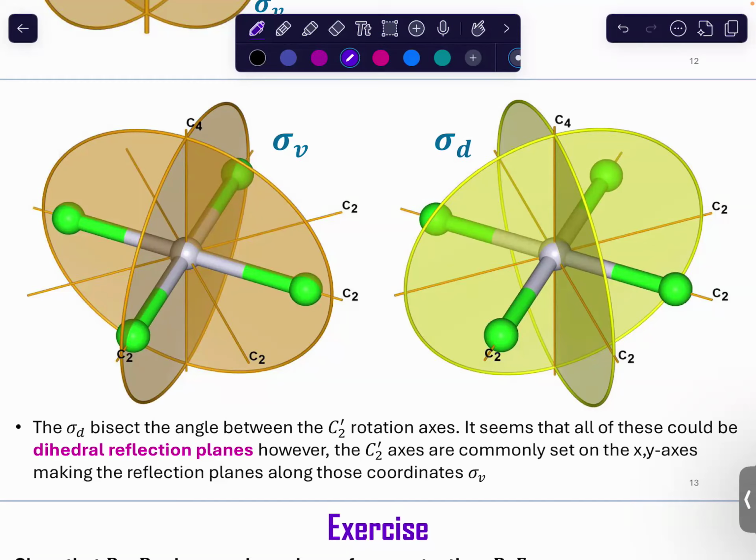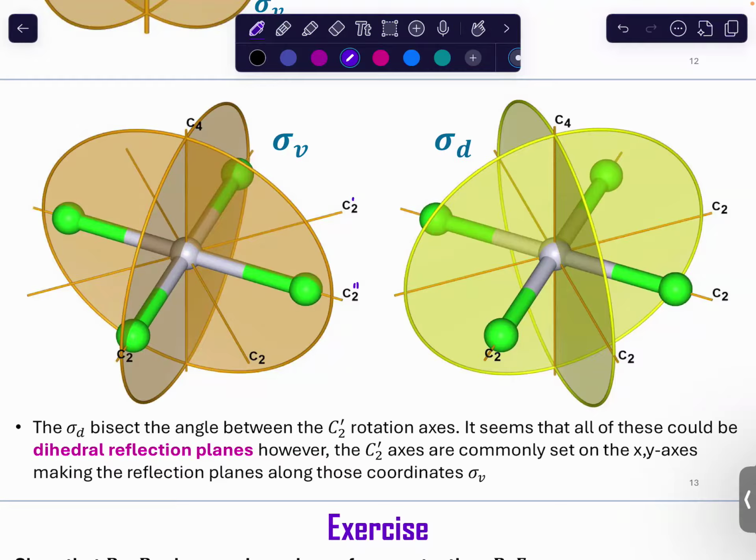Technically, the sigma V's do cut the C2 primes and double primes between each other, and so there's a tendency to call those sigma D's. However, when the planes lie right on the molecule like that, we usually call them sigma V's.